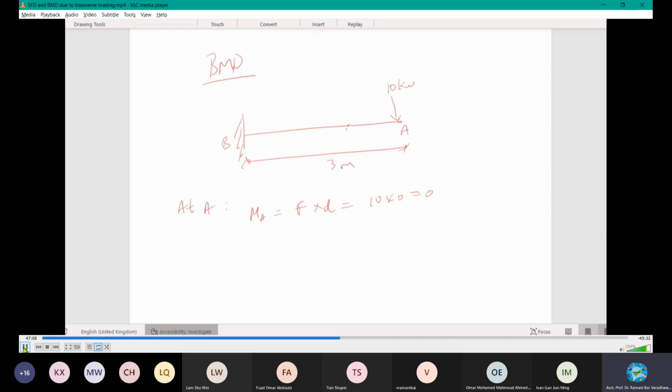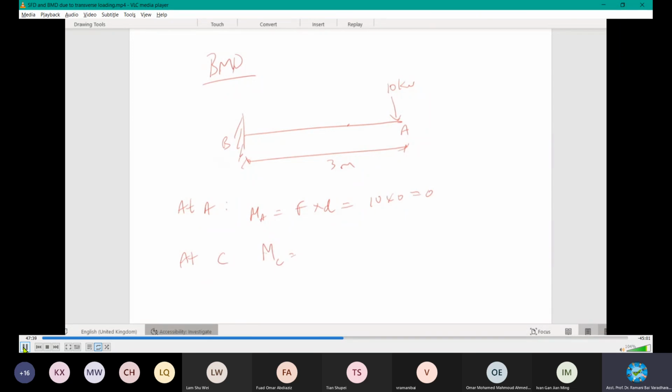Remains same. Take for example, C. Moment at this point will be load 10 times 1. It will be 10 again. So no need to bother about this. It is there until it reaches the point B because there is some restraint, a fixed end moment which is causing the value to change. Let's do it at the next one. At C, MC, if you want, you can introduce it here.